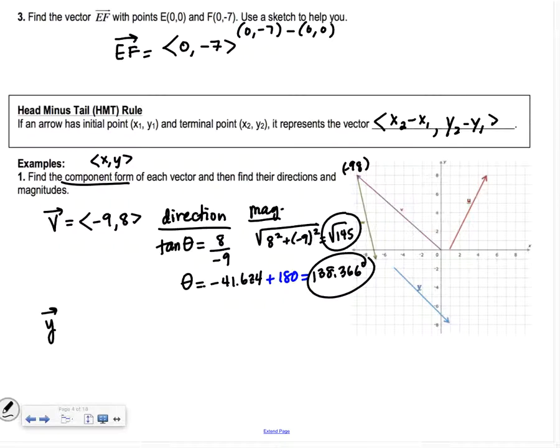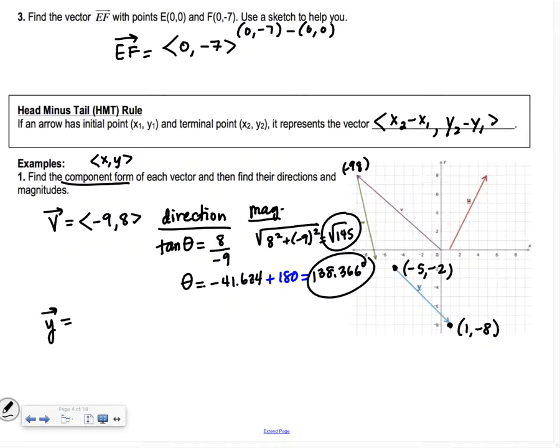So if I have y, I first need to identify what the tail is and what the tip is. Do you guys know what those 2 points are? 1, comma 8, or -8, I guess. And then the other one is -5, comma -2. Oh no. Oh yeah.